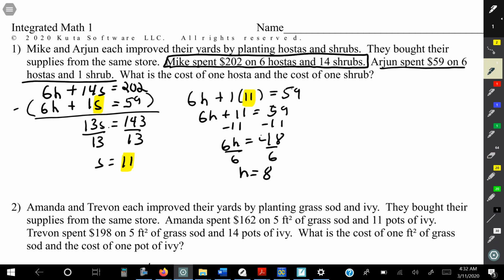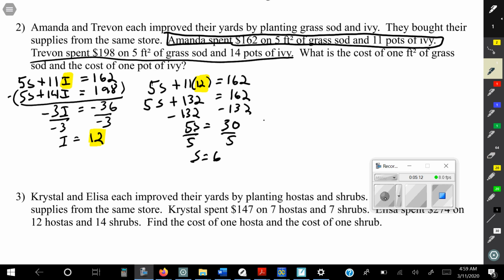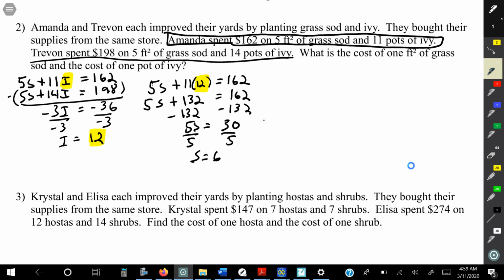Okay, go ahead and take a look at number 2. You can pause the video here and see if you can solve this one. And this is one where, like I said, you just check to see if it has the same variable. If it does, you subtract. All right.